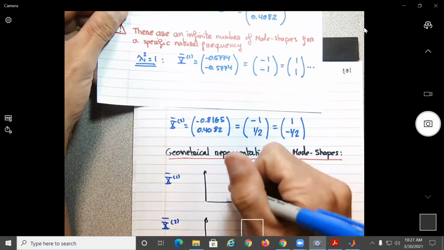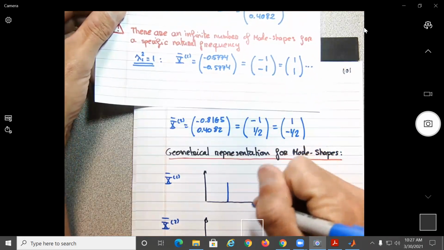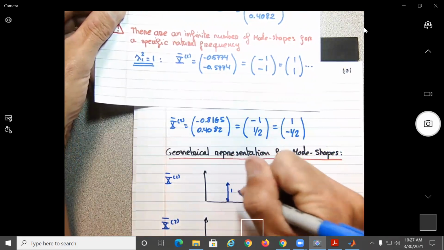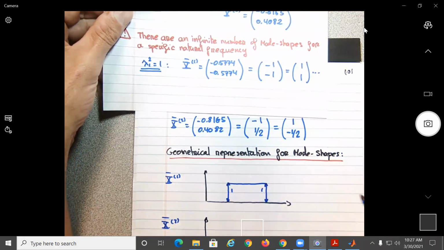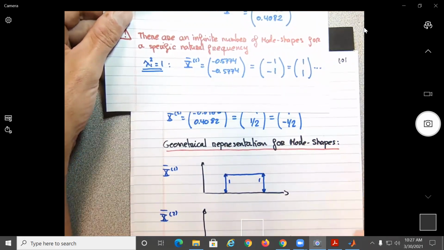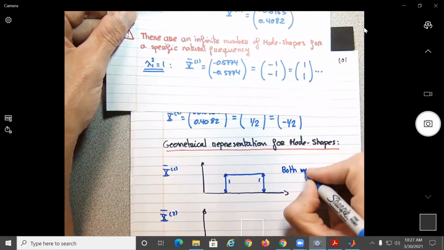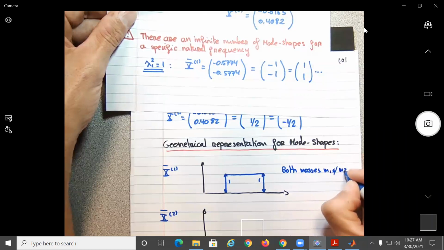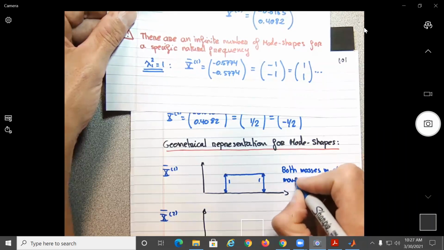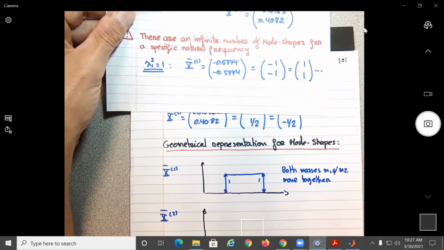So when 1 is moving 1, the other mass will also be moving 1, no? So they will move together. So this means both masses M1 and M2 move together.